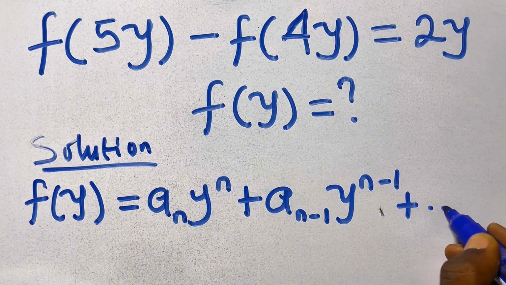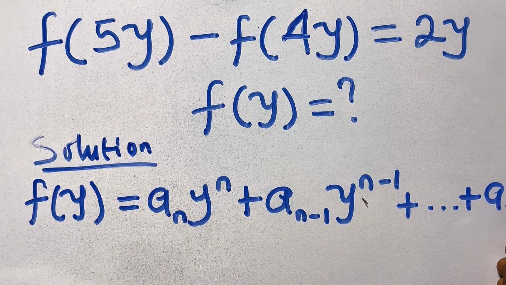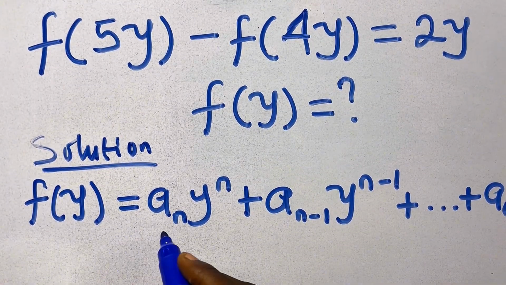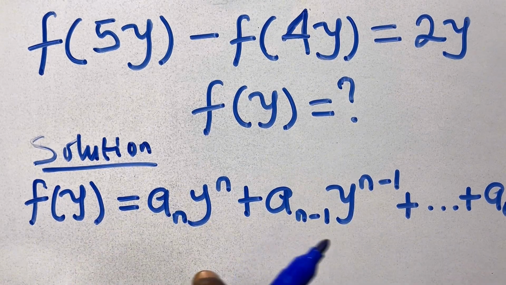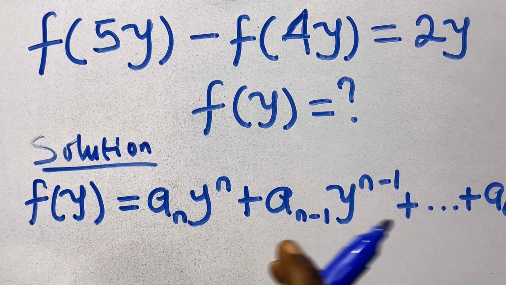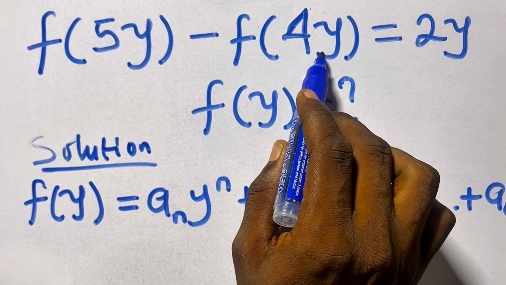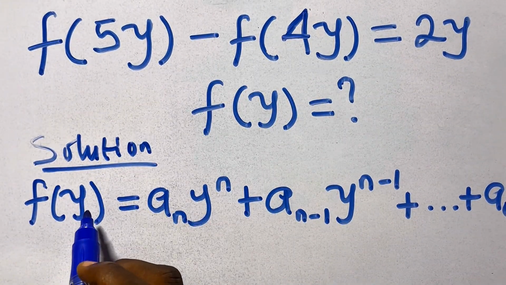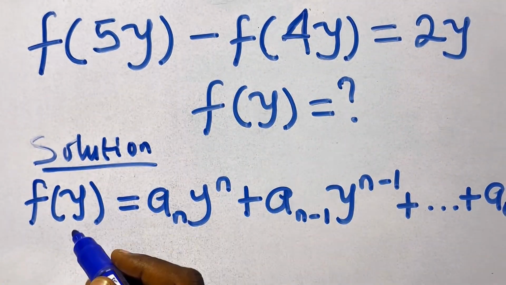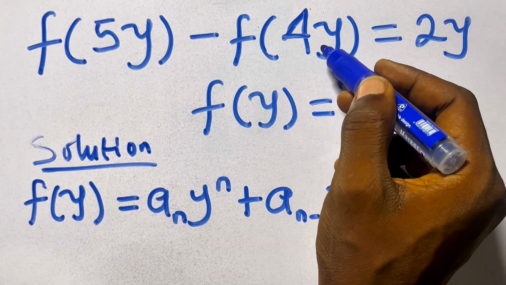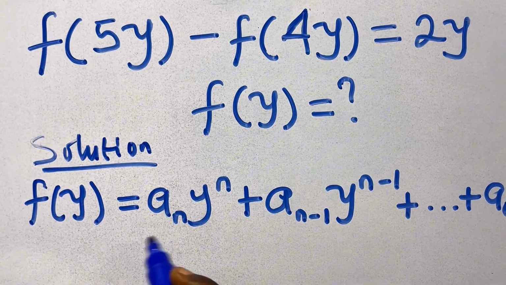This continues until we have a naught. Now, in this general function formula, we need to obtain f of 5y and then f of 4y, right? So we are going to substitute 5y into this general function formula, then we are going to substitute 4y into this general function formula.